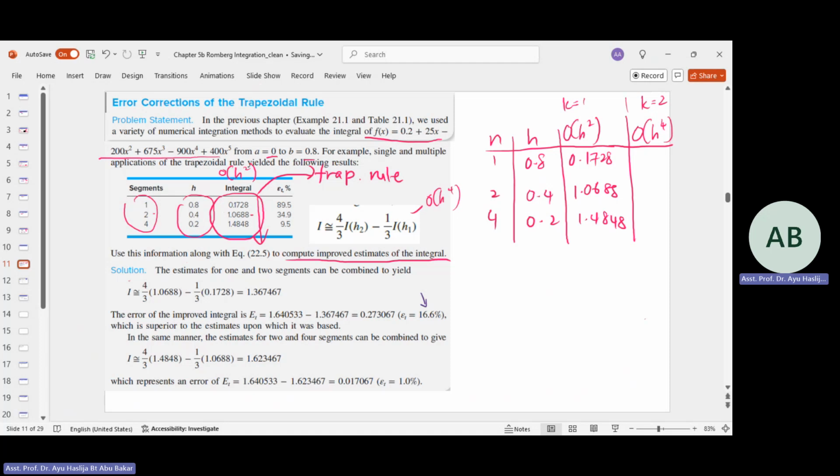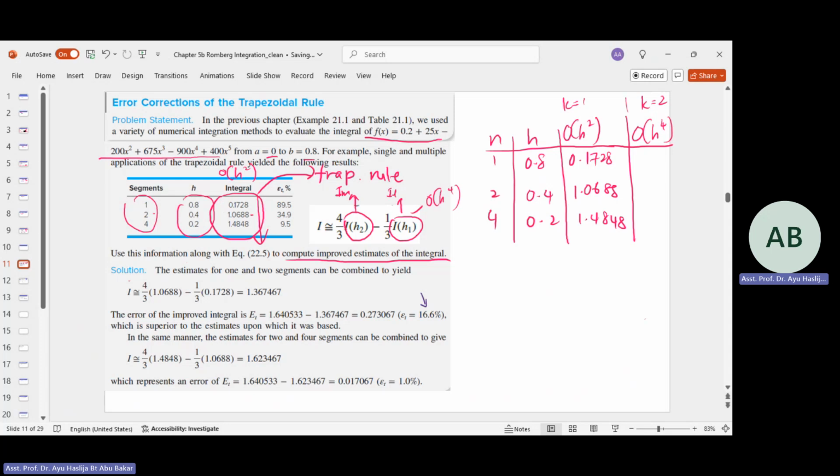Okay, now this question asks you to find the O(h^4), where we know this is the equation. Now, I(h2) minus I(h1). This is I_m, the more accurate, and I_l, the less accurate. Why is this more accurate?